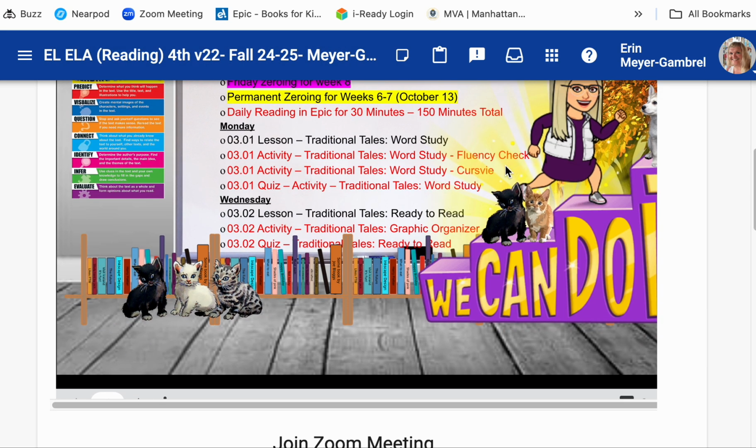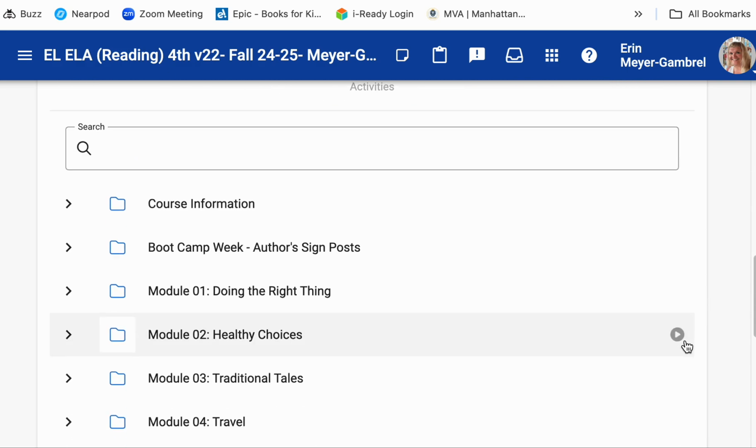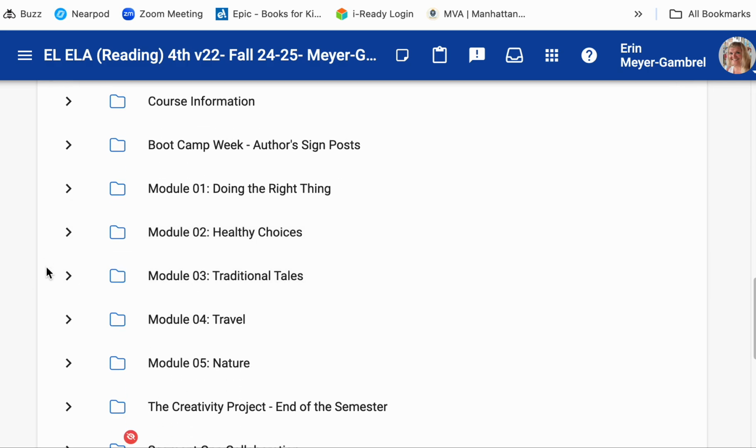We have a fluency check, a cursive assignment, and our 301 word study. So we're going to go down to Module 3.